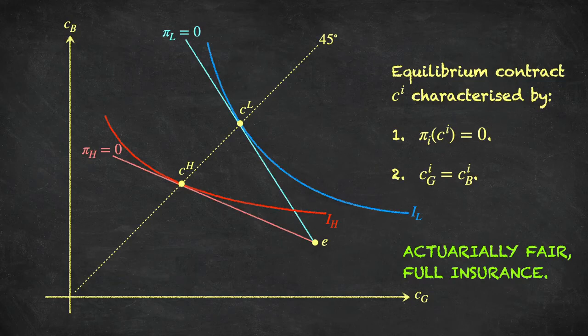So this occurs where indifference curves are tangent to these zero profit lines, and the overall result is that the consumers are offered actuarially fair contracts, meaning zero expected profit, that offer full insurance. Every consumer receives full insurance at a fair price. That's the basic characterization of a competitive equilibrium when there is perfect information.